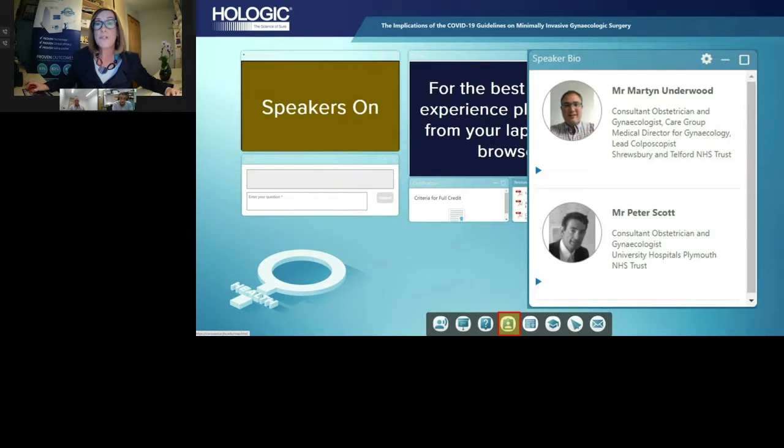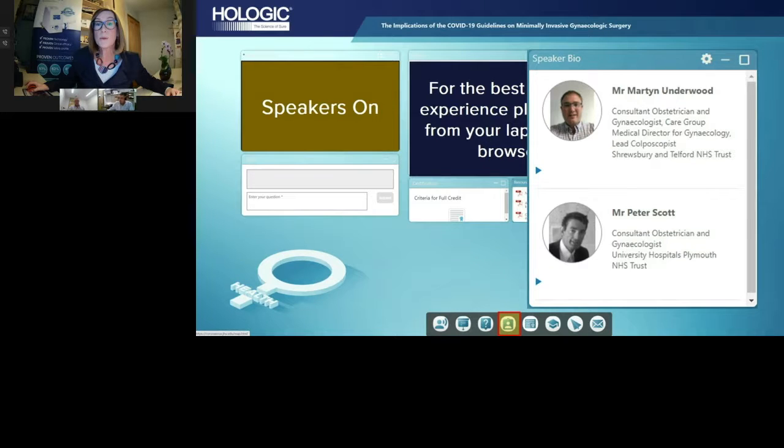We're delighted to have two guest speakers join us this evening, Mr. Martin Underwood and Mr. Peter Scott. Mr. Underwood is currently the Care Group Medical Director for Gynecology and the lead for colposcopy within Shrewsbury and Telford NHS Trust. He was involved in setting up the ambulatory service, introducing NovaSure and other outpatient procedures, and runs a very successful service.